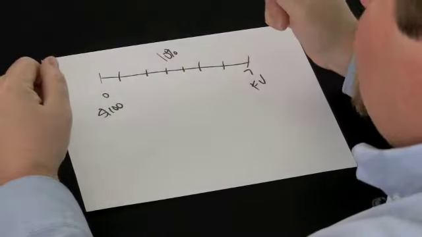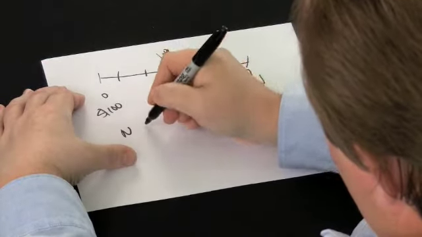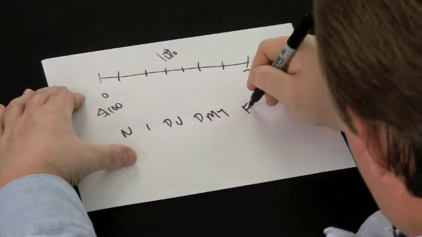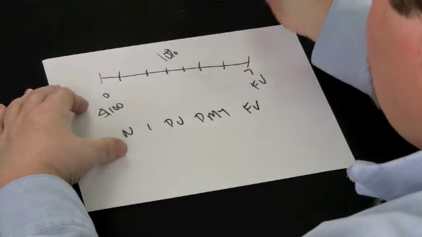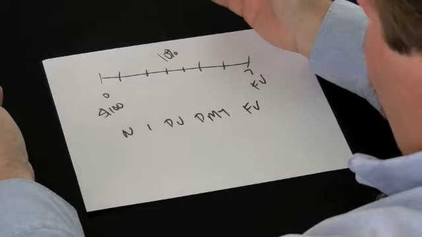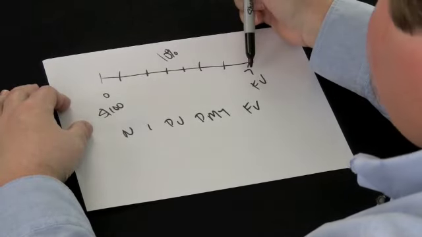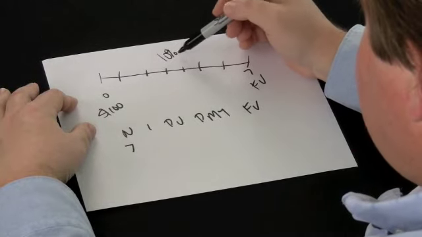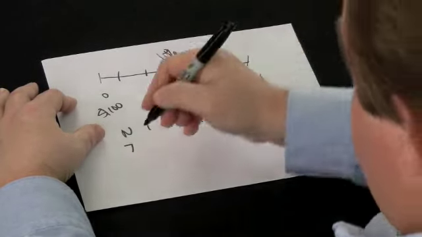Well, our calculator has these variables: N, I, PV, PMT, and FV. So if we look at our problem, what variables do we already know? Well, we know N is 7 because it's compounded annually. The number of periods is 7. We know that I is the interest rate per period, or 10%.